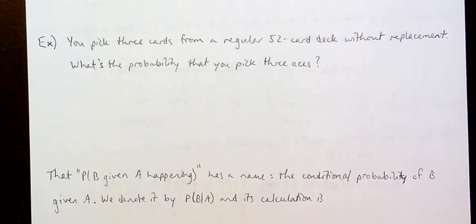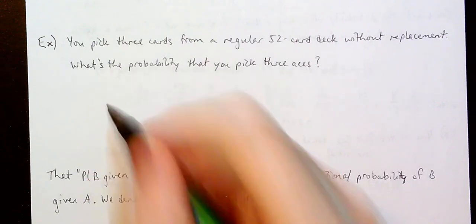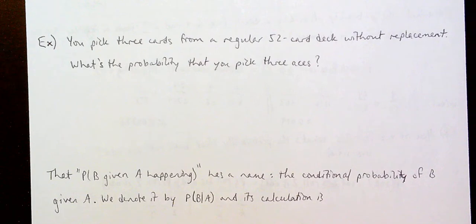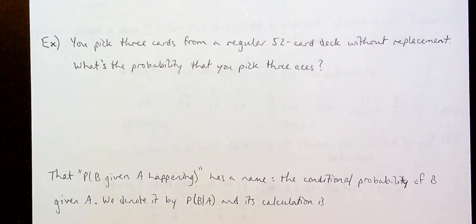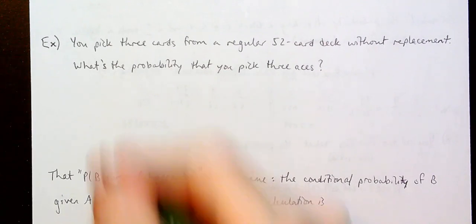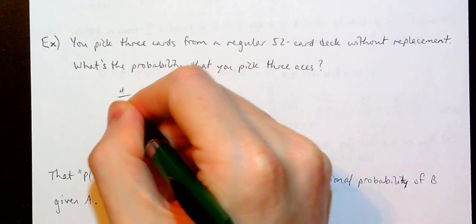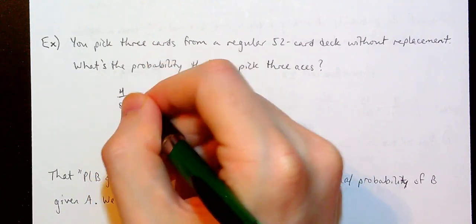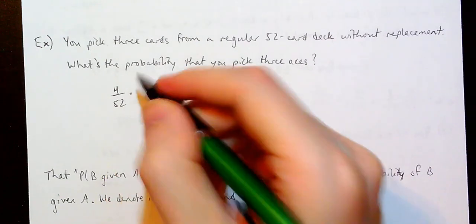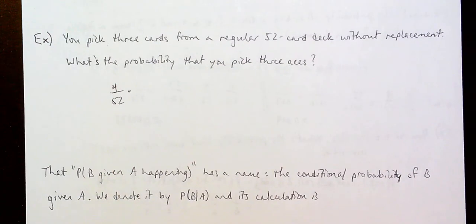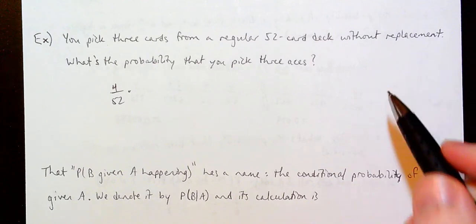Okay, so first pick, the probability of getting an ace on your first pick. There are 4 aces. There are 52 cards total. Okay, you've picked that ace out. We don't put it back because it's without replacement.